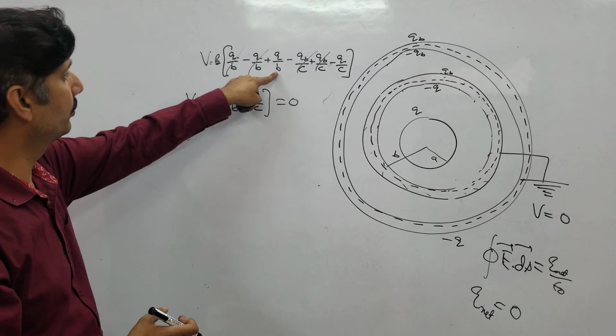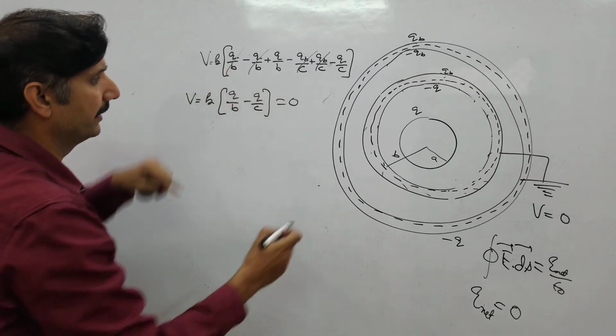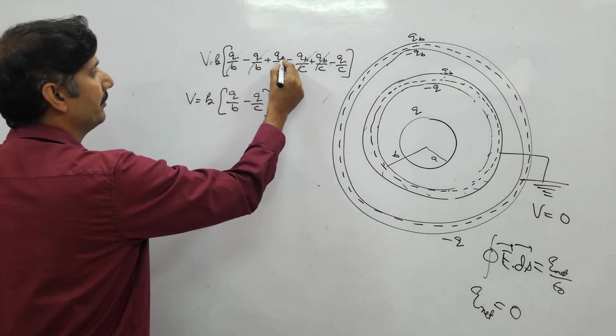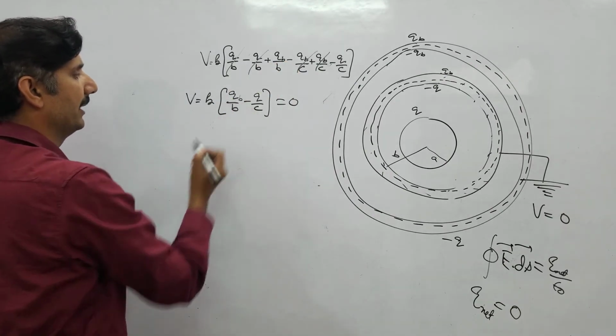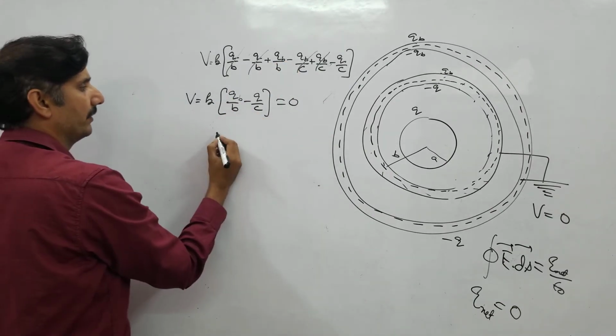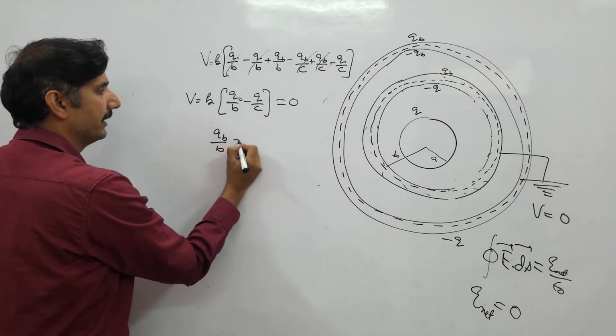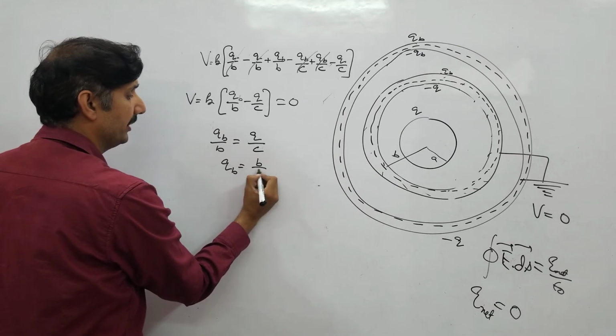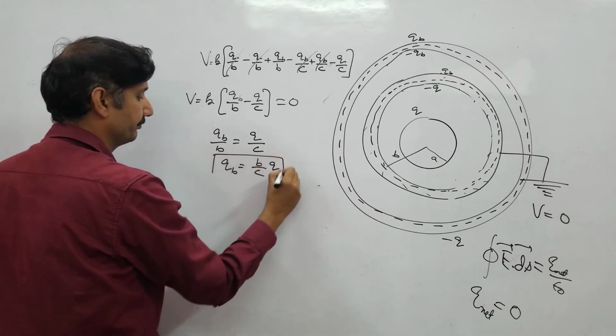I think this point was not correct. This was QB by B. So let's solve it out. QB by B is equal to Q by C. So QB is equal to B by C times Q.